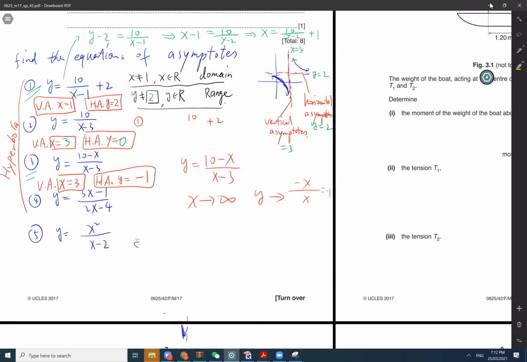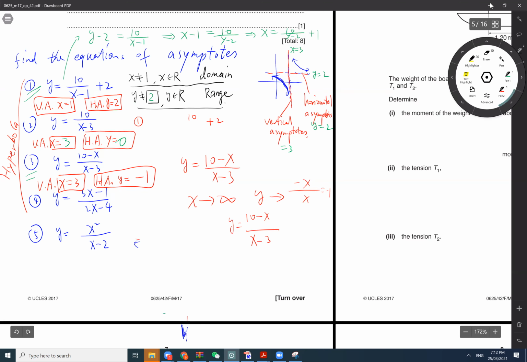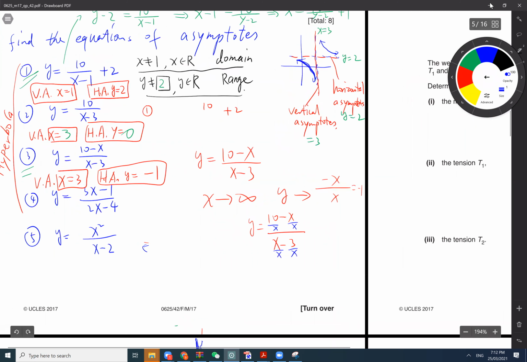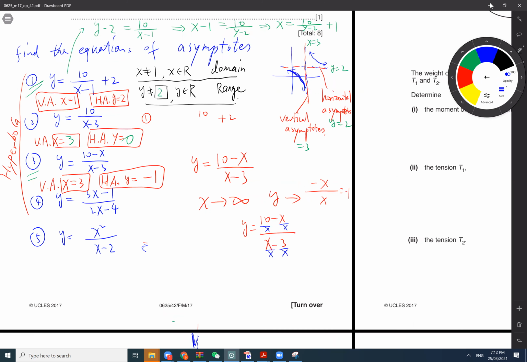Okay? But because this question is also in standard level, let's show you how we do it in higher level. Y equals 10 minus x over x minus 3. Let's do some algebra. Divide everything by x.